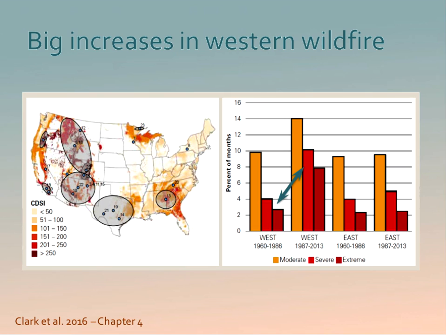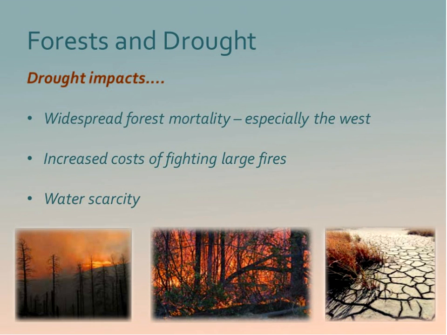And on the left-hand side, a map of just some of the larger fires that we've experienced in this time period, and some of the ones that authors felt were particularly noteworthy. So this is a cause for concern.